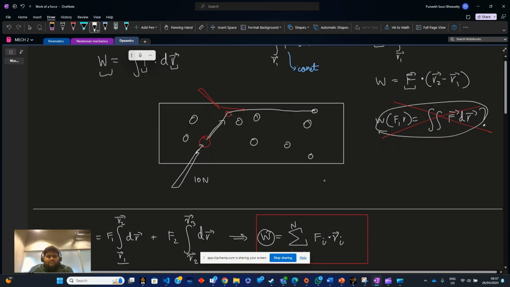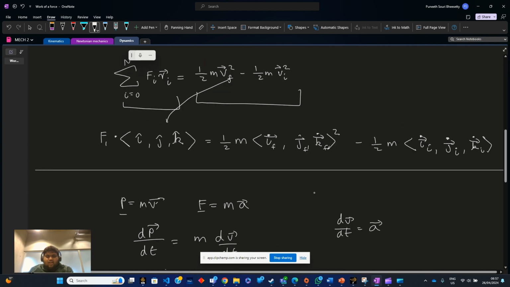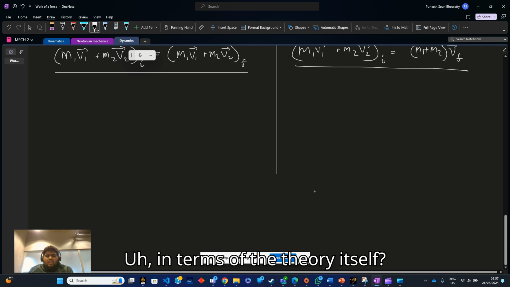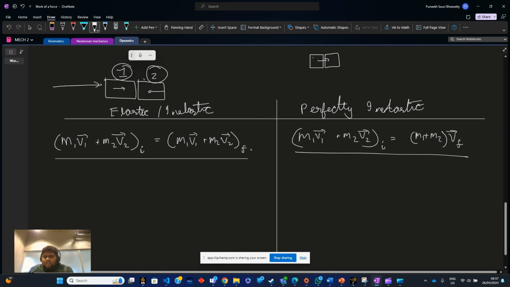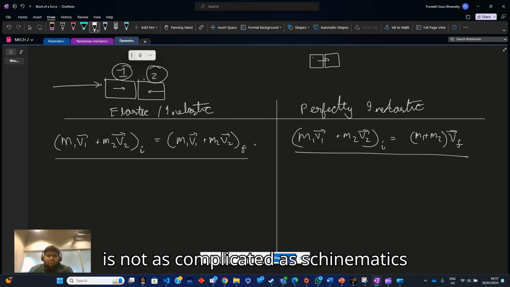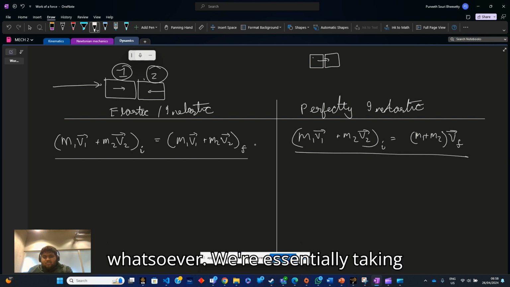In terms of the theory itself, the actual dynamics part of it is not as complicated as kinematics, because we're not dealing with a new type of coordinates or whatsoever.